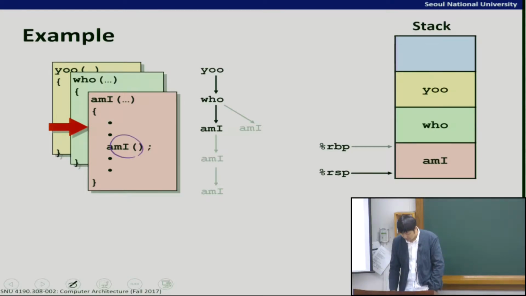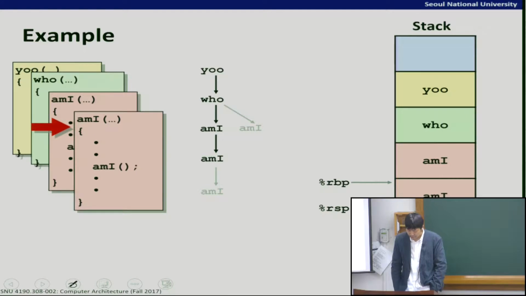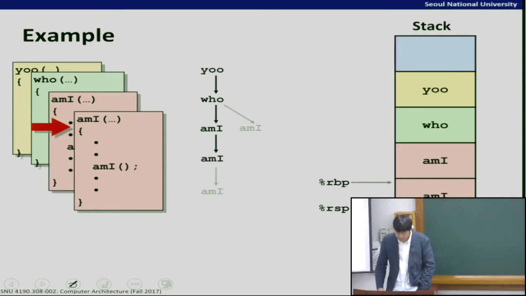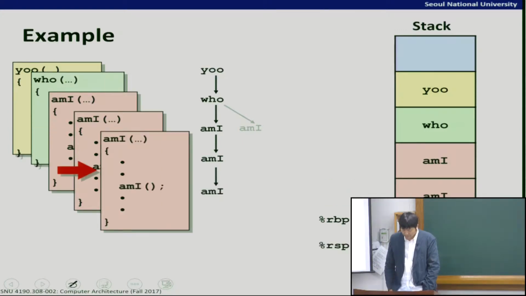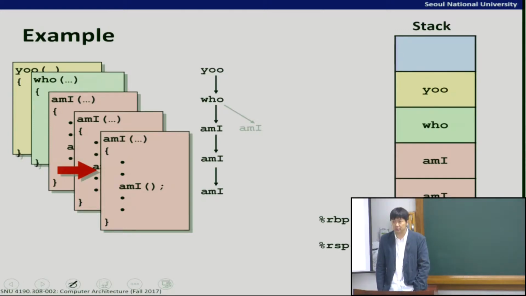Then another stack frame is generated for a different instantiation of the same function, right? So we have a second mi function stack frame. Finally, if you have another mi function call, then we have a third stack frame for mi, the third instantiation of the mi function.